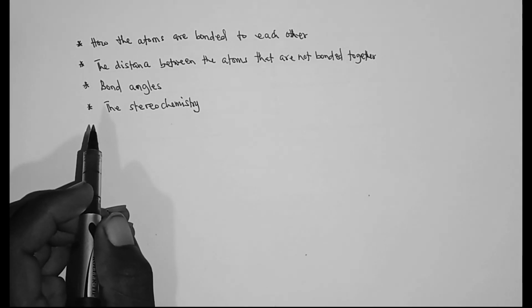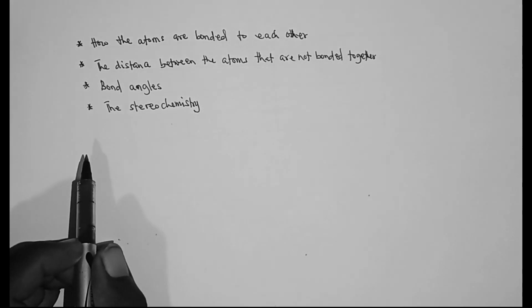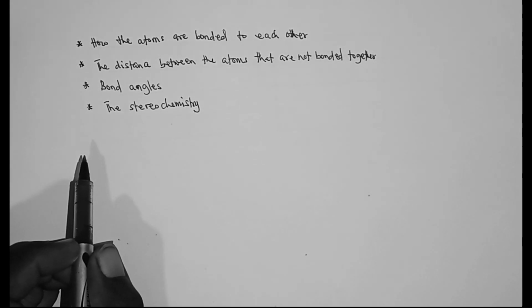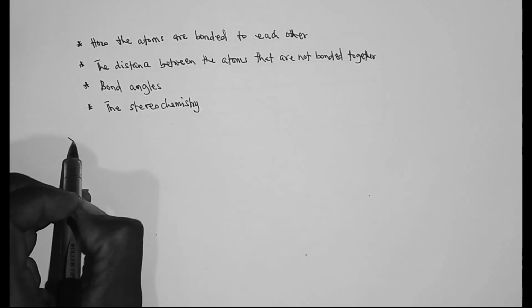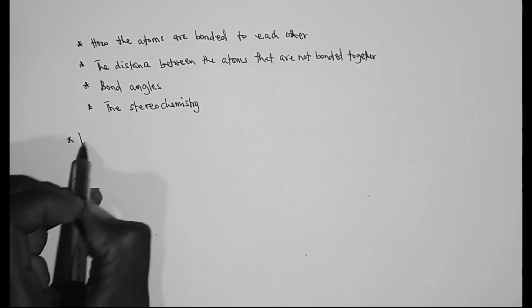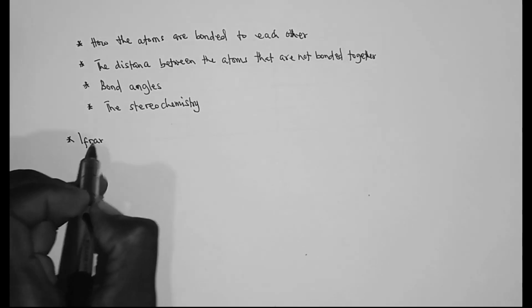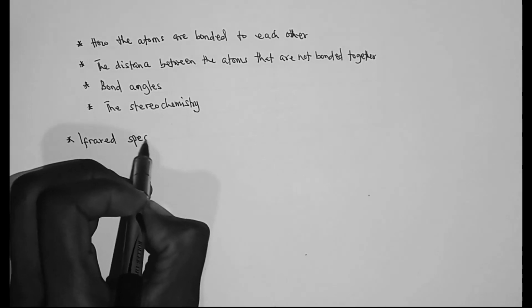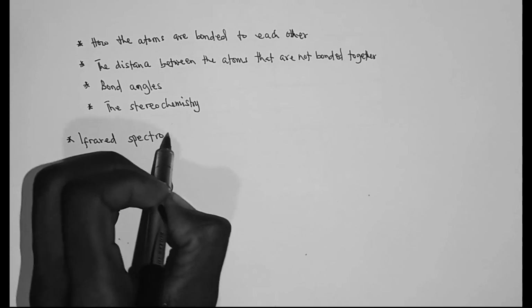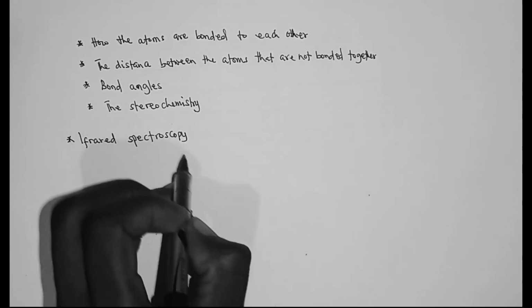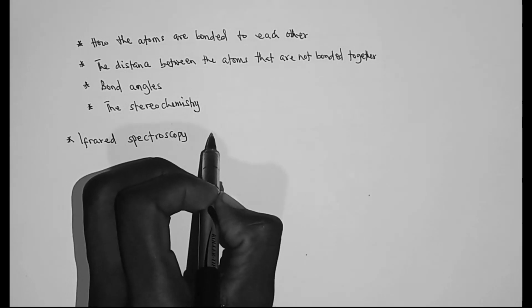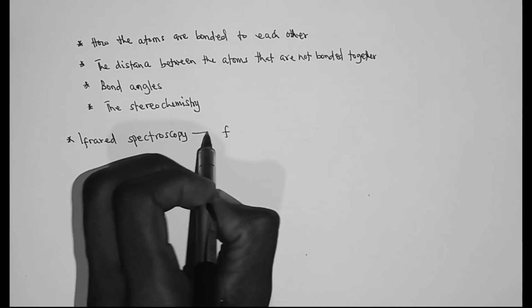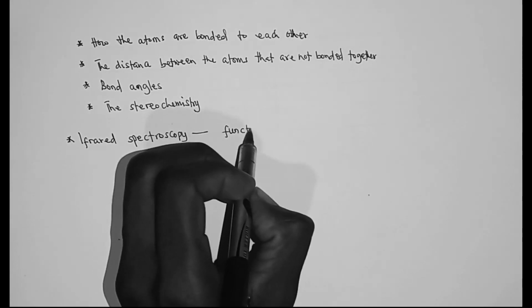There are some special spectroscopic methods that help chemists to determine the structure of organic compounds. The first one is the infrared spectroscopy. The infrared spectroscopy helps the chemist to determine what are the functional groups in the organic compound.